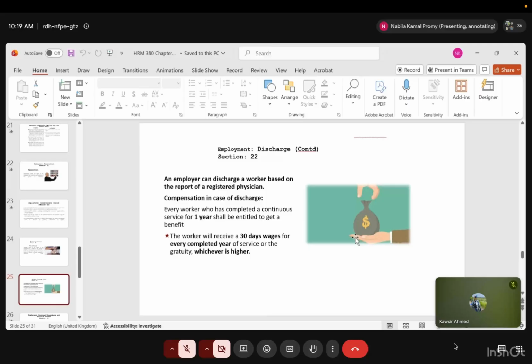If the employee has worked for 1 year, he will leave with 1 month's additional salary. If the employee has worked for 2 years, that employee will leave with 2 months' additional salary. If the employee has worked for 3 years, the employee will leave with 3 months' additional salary, and so on.